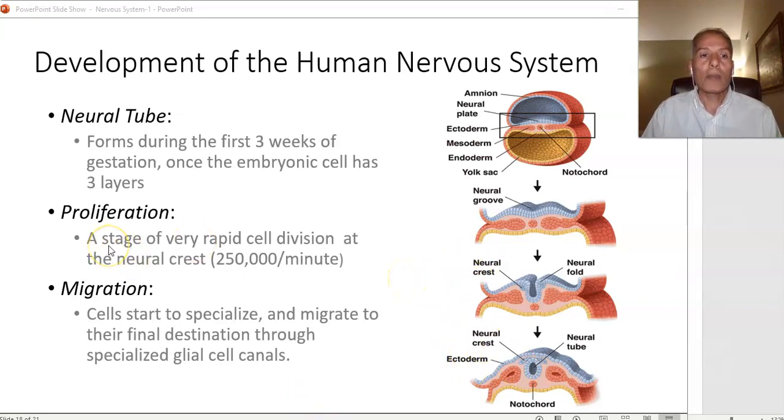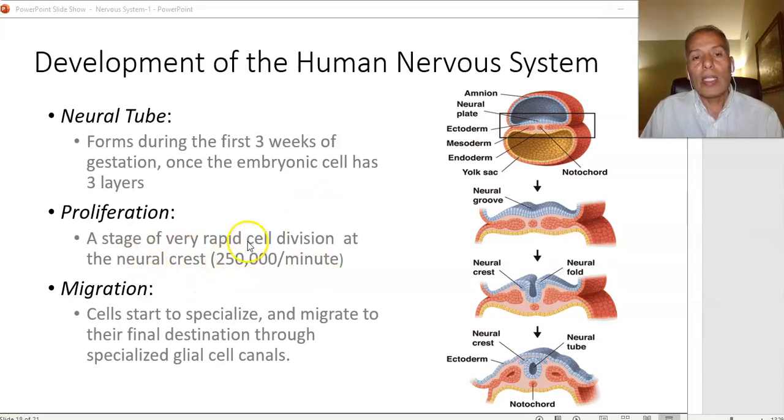So first, we have proliferation, the very rapid production of neurons. Remember, that new baby has to come out with 200 billion neurons. So it requires a great number of neurons to be born at the rate of 250,000 every minute. 250,000 cells are born every minute.